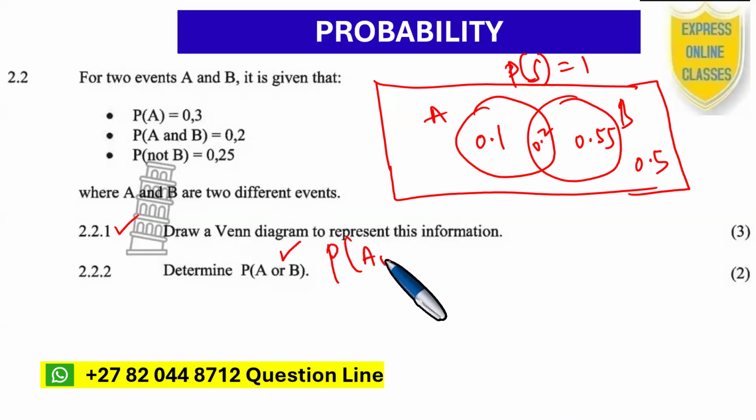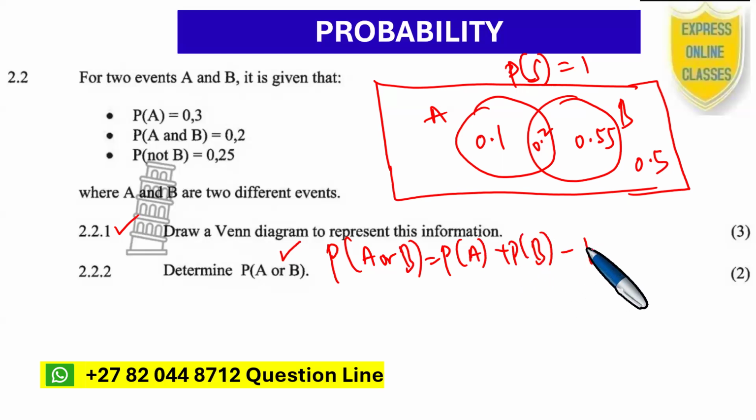So the probability of A or B is the probability of A plus the probability of B minus the probability of A and B. Good. That is the addition rule.